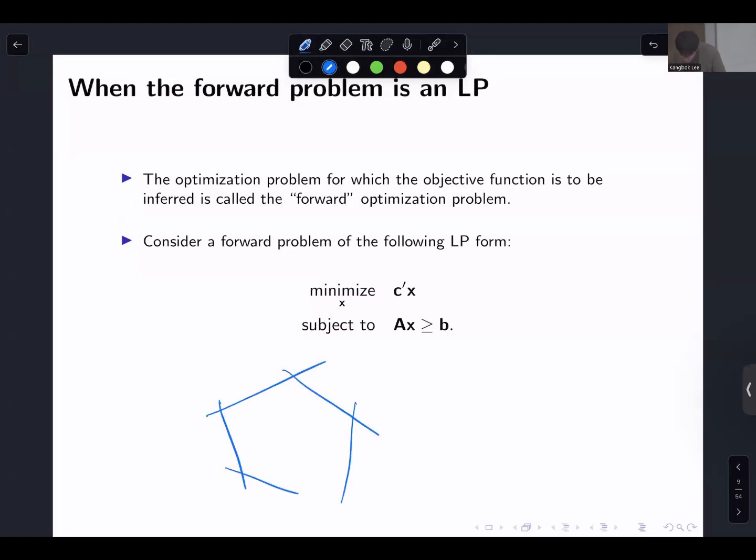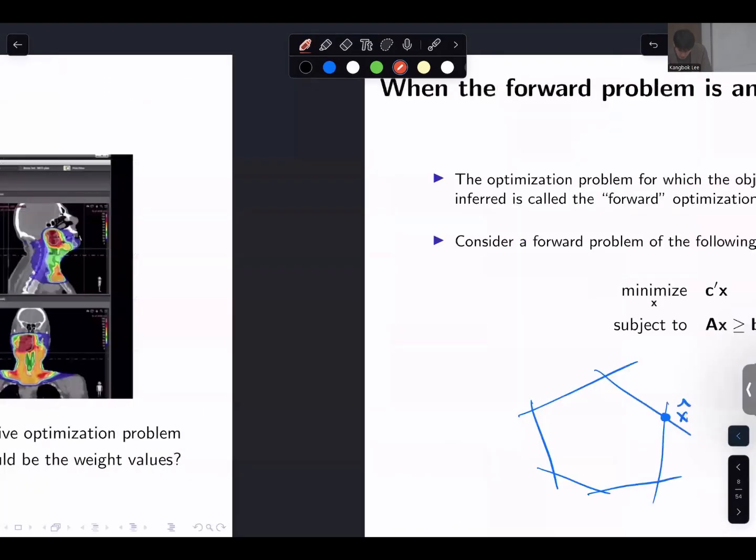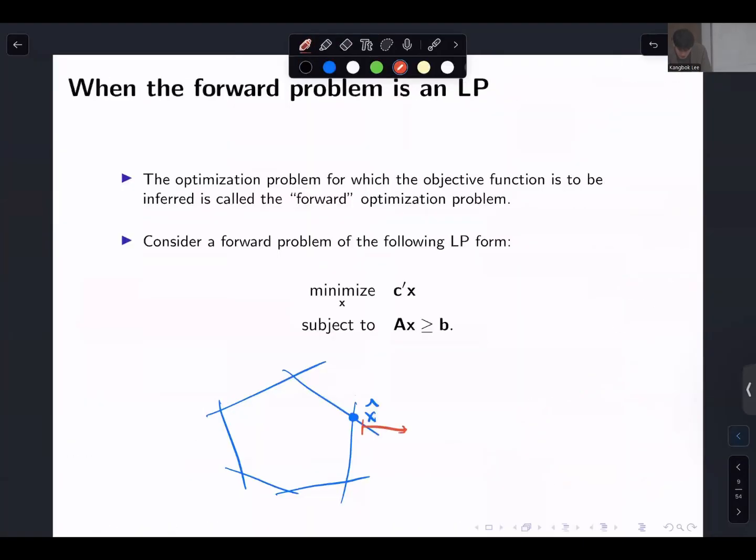So if this is my feasible region in an LP, what I can do is, hey, looks like this solution, say X hat, is the decision that is made by this person. So what is the C vector that makes it optimal? Geometrically, the answer is quite simple. It's gonna be maybe this C vector, right? If I give you this C vector, then you will agree that this will be the C vector that makes it optimal. But it can actually be any C vector that is in between this and this, right?